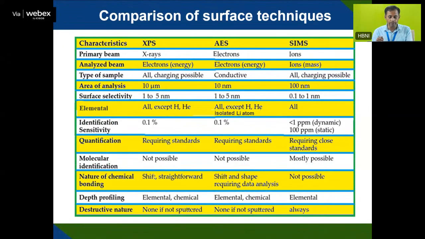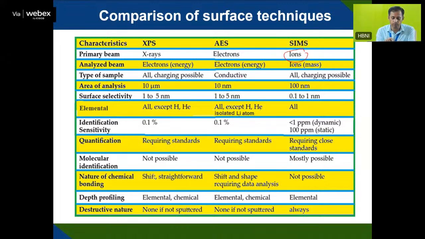So if you compare these three techniques, XPS, AES, and SIMS: XPS, as I told, uses X-rays as the primary beam, in AES it is electrons, and in SIMS it is ions. In XPS and AES we measure electron energy, whereas in SIMS we measure the mass of the ions. Here charging is possible.